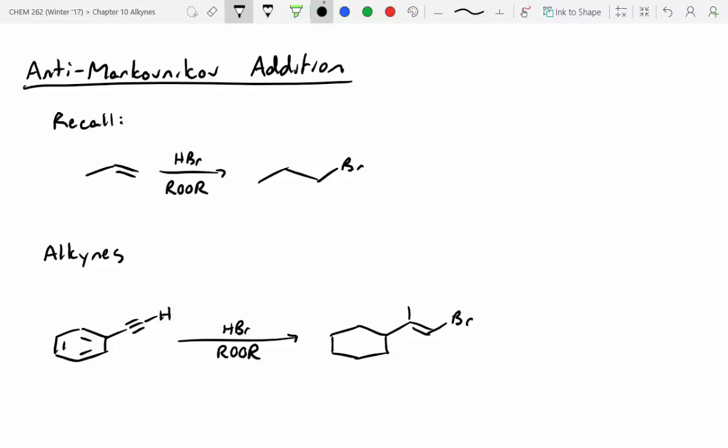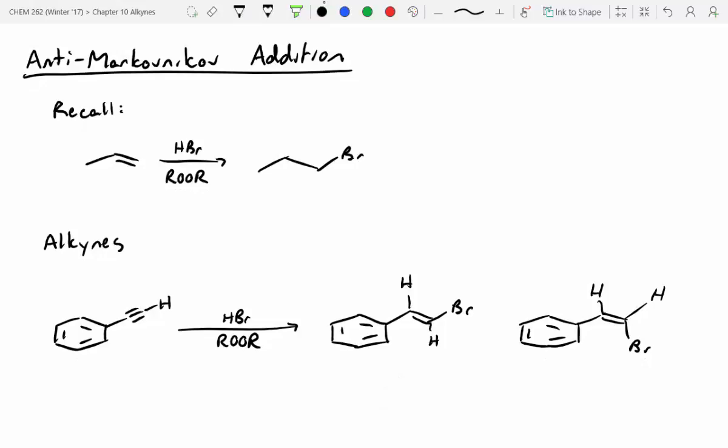However, you actually get two different products out. You get one product where the bromine's sticking up and the other one where it's pointed down. What's the relationship between these? Yeah, you end up with a pair of diastereomers.